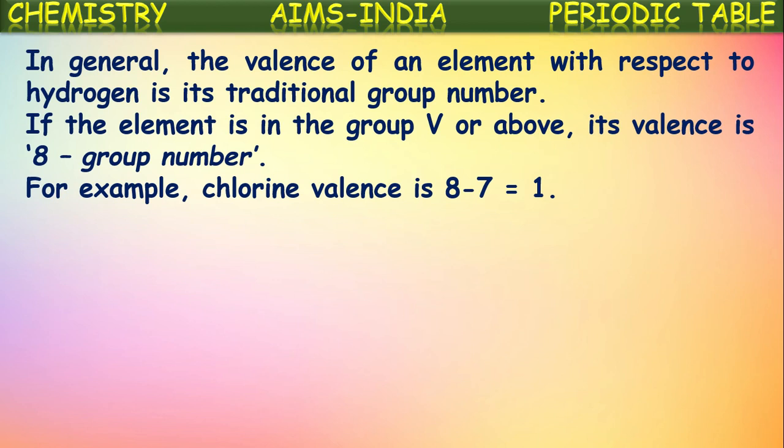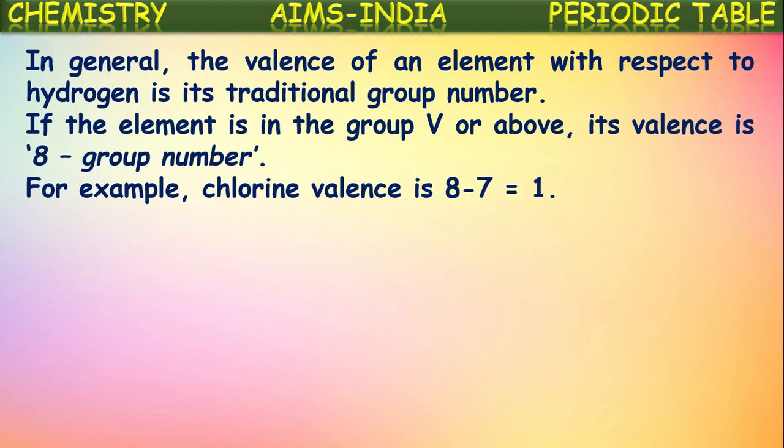Suppose first group elements, 1A group elements, the alkali metals: their valency is equal to their group number, that is 1. If you see third group elements, the boron family, their group number is 3 and the valency for those elements is also considered as 3.